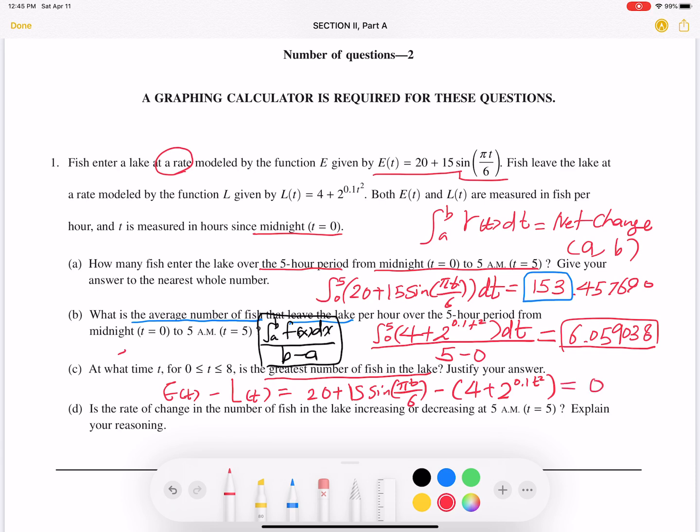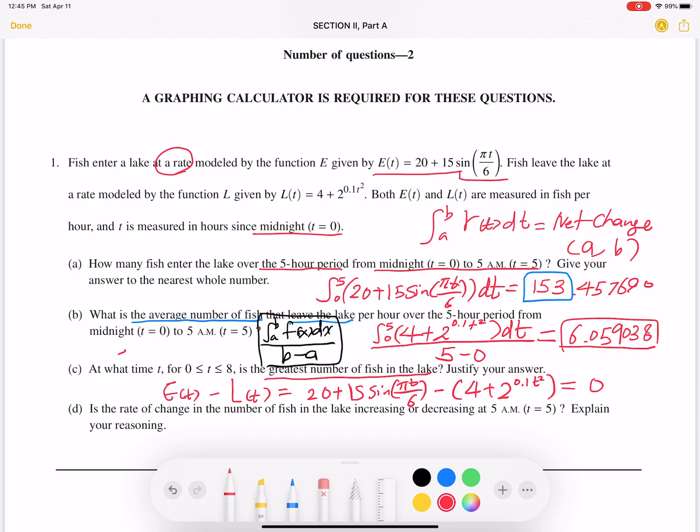If that rate equals 0, what does it mean? Plus minus 0, right? 5 fish entered the lake, and then 5 fish left the lake. That means 0 fish change actually. The rate of number of fish in the lake is 0, because we have the same number of fish entering and leaving.